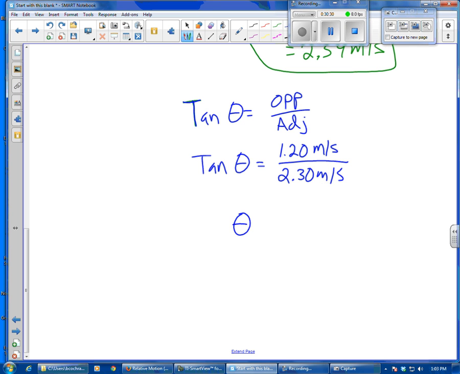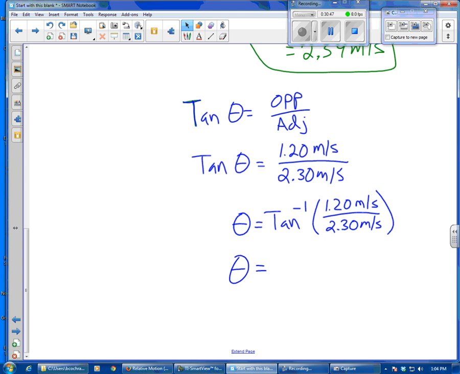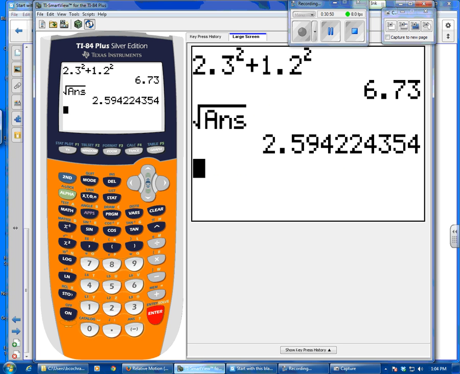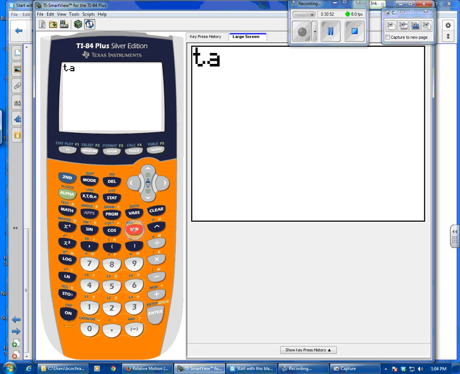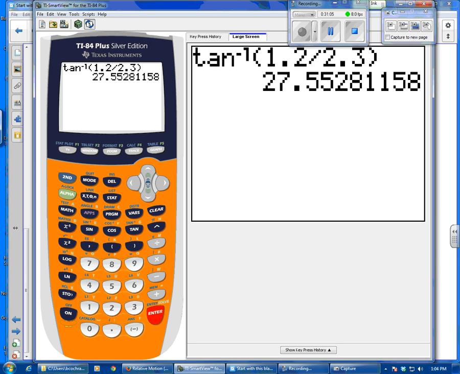And so to get theta, I do the inverse tan of both sides. And I get a theta of, inverse tan, 1.2 divided by 2.3. I get a theta of that.